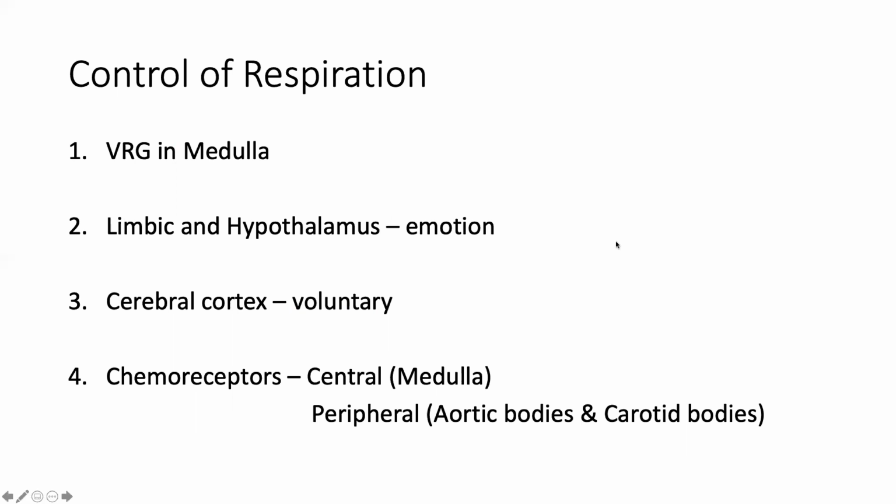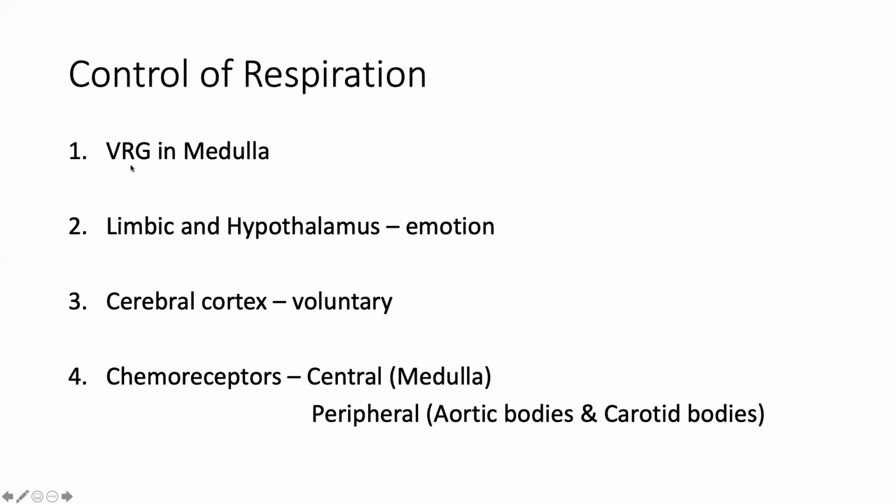The first one I want you to remember is the ventral respiratory group, which is located in the brainstem, in the medulla. I hope you remember the brainstem is made of three structures: midbrain, pons, and medulla oblongata.